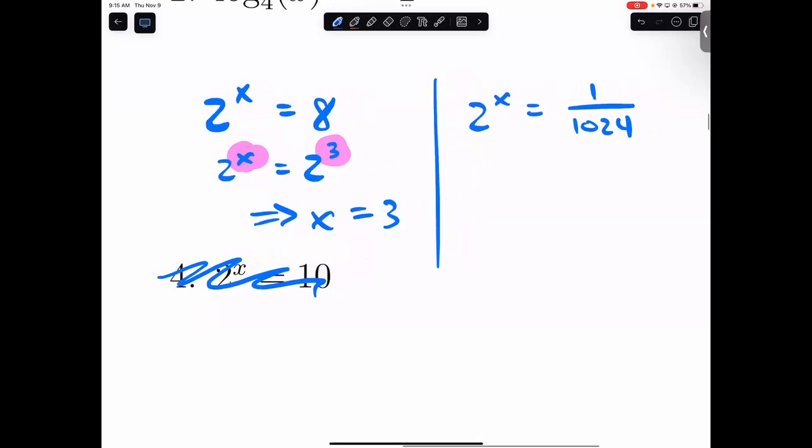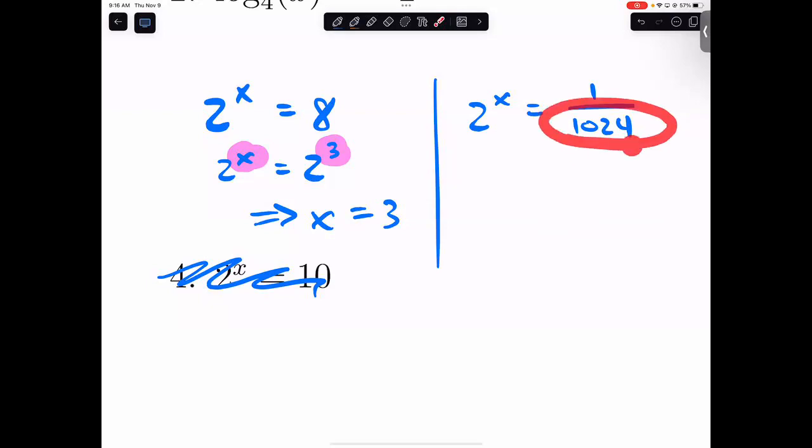Can we do the same thing there? Yes. Are we as likely to try? No. Here, without realizing it, maybe you see 2 here and you see 8 here and you go, oh, I know that 8's a power of 2, right? So that's why we just start guessing. Because we already know that 8 is a power of 2, that's going to work out.